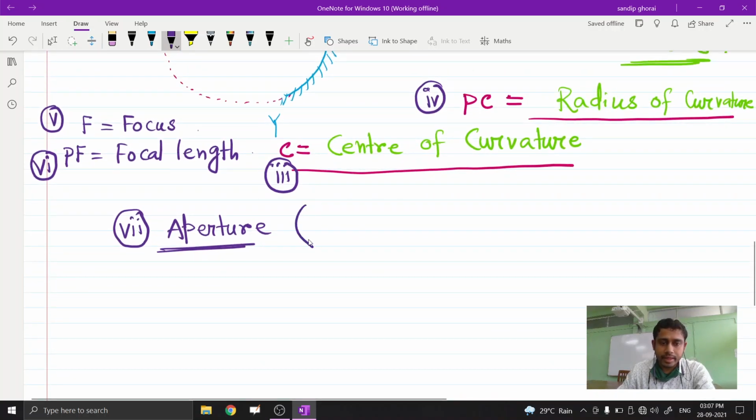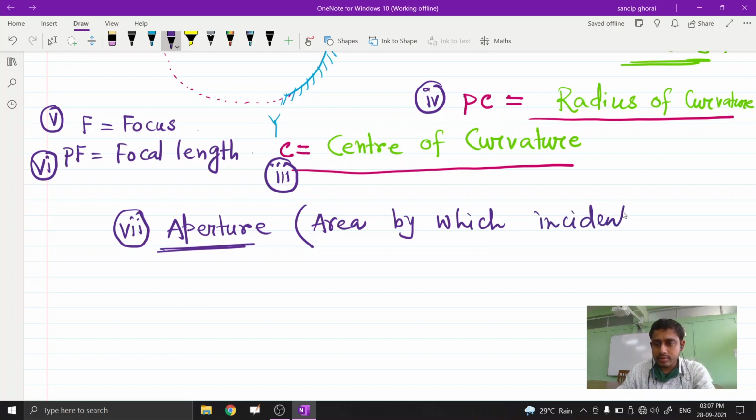This is the area by which incident rays are falling on the mirror.